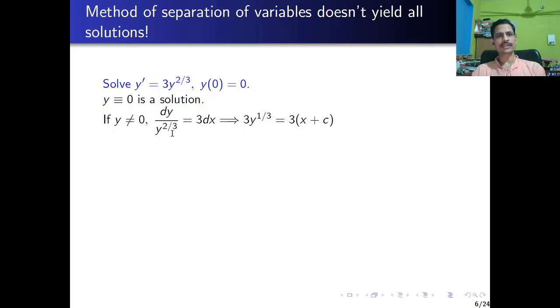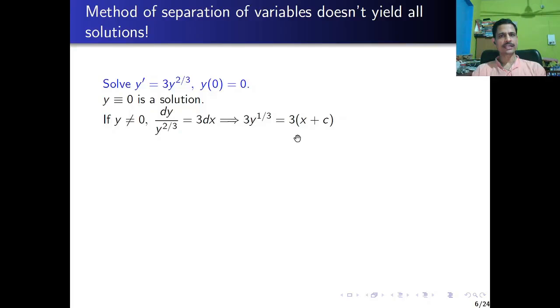So when you integrate on the left hand side, what we get is 3 times y raised to 1 by 3, and on the right hand side we get 3x plus a constant.